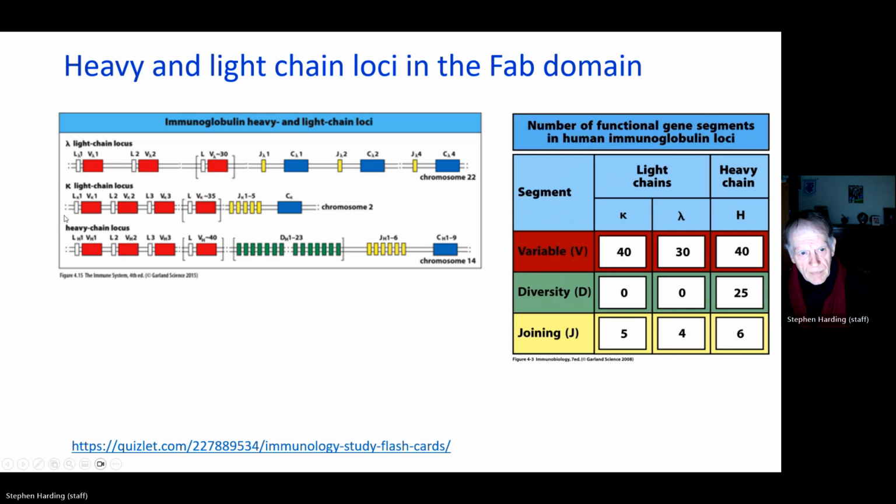So the coding region for the variable domain on the light chain has these variable segments, a large number, not quite as many as was thought when Susumu was coming out with this theory.